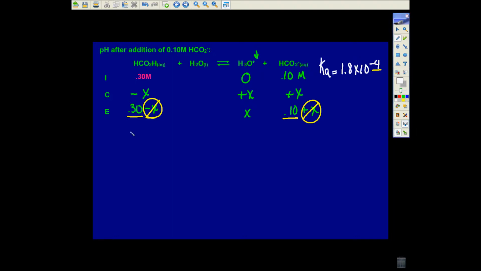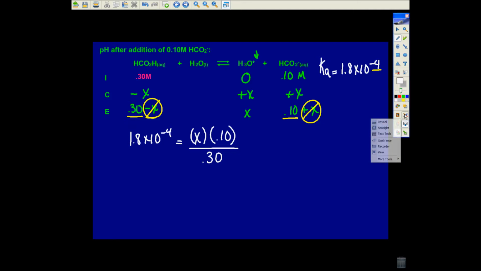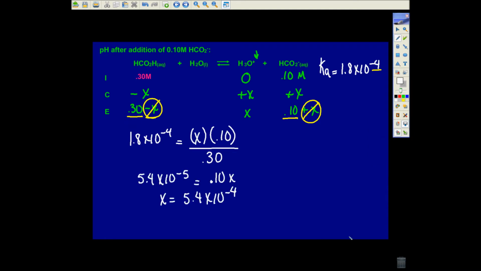And that's what I'm going to do right now. I'm going to say 1.8 times 10 to the negative 4 is equal to X on the top times 0.10, because I am ignoring my plus X. On the bottom, I'm going to put 0.30 and ignore my minus X. So I'm going to solve this algebraically, and you do that on your calculator. I'm going to pause the tape and solve it.